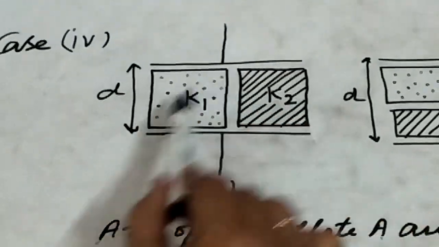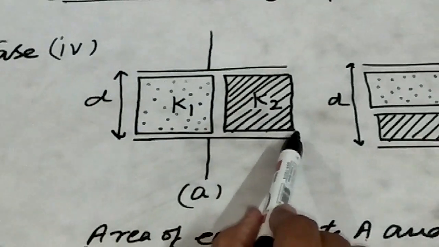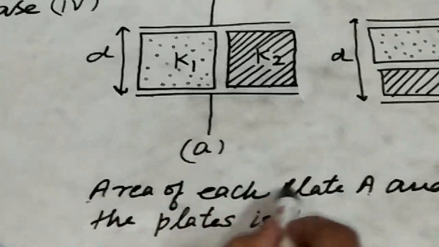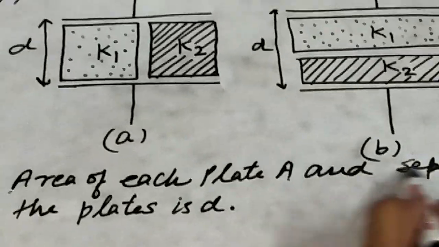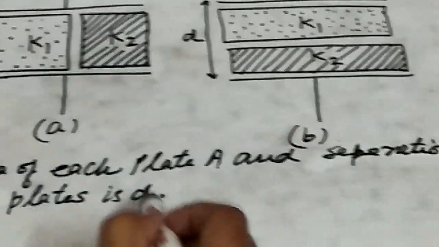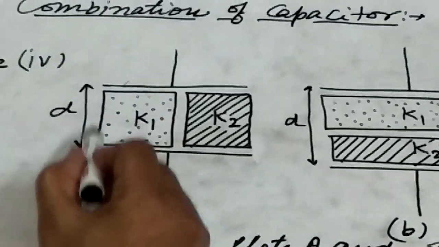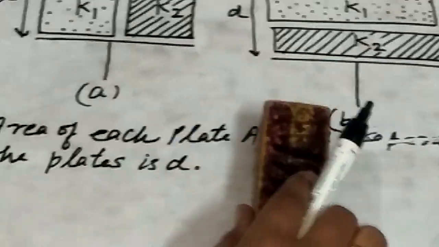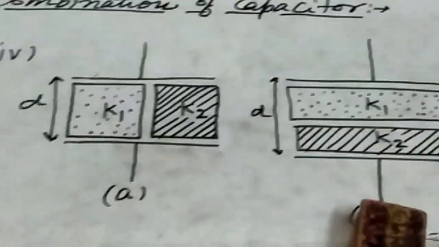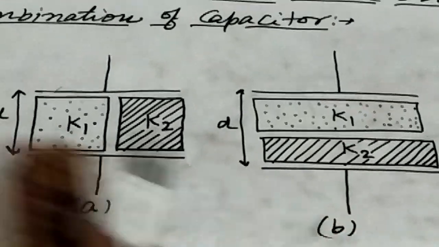Suppose the area of each plate of a capacitor is A and the separation between the plates is D. Now in figure A and in figure B, two dielectric materials of dielectric constant K1 and K2 are introduced like this.